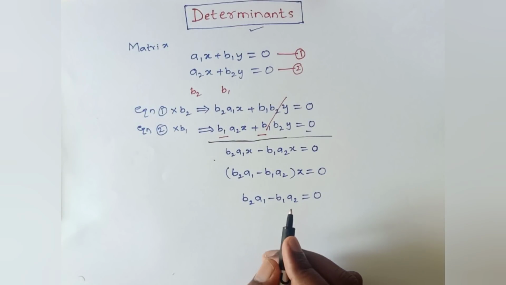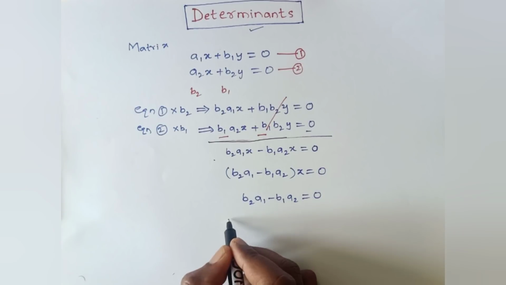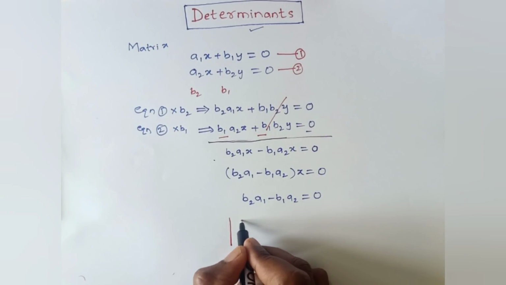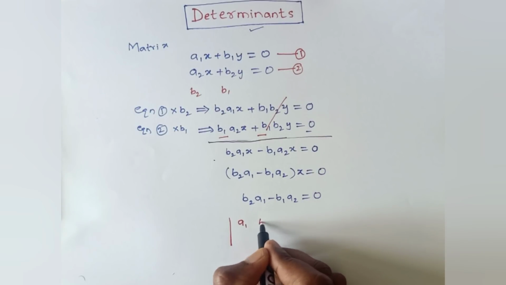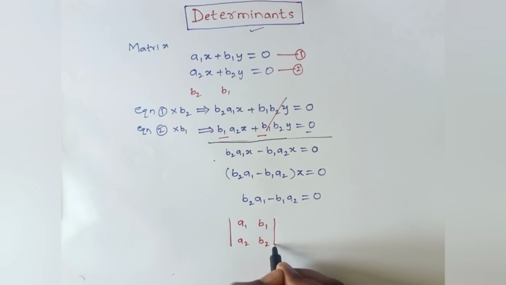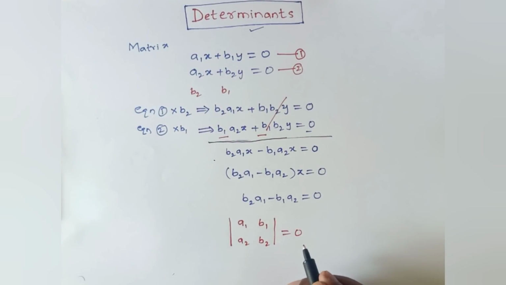Sometimes this result is written as the array a1 b1, a2 b2 equals 0, and the expression on the left side is called the determinant of a 2 by 2 matrix.